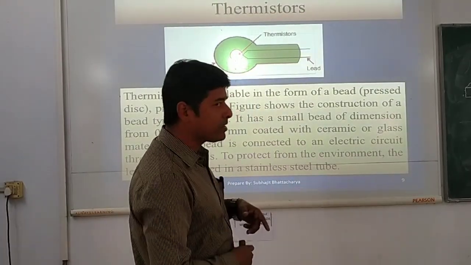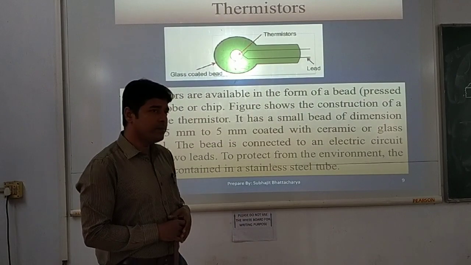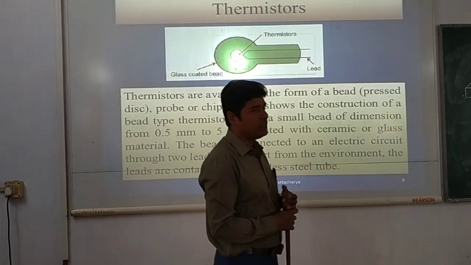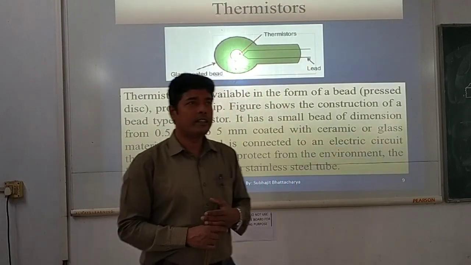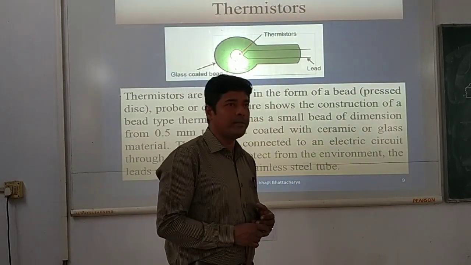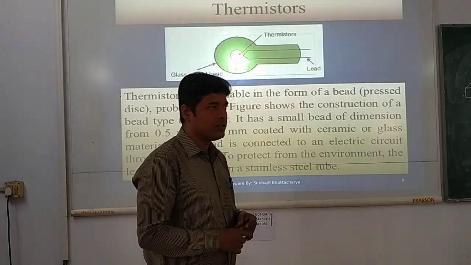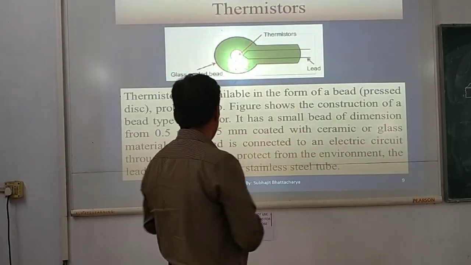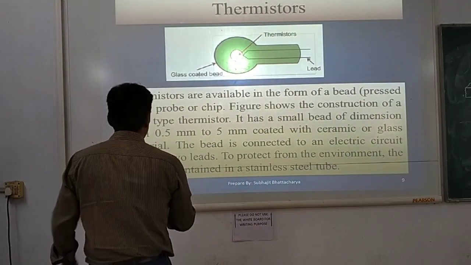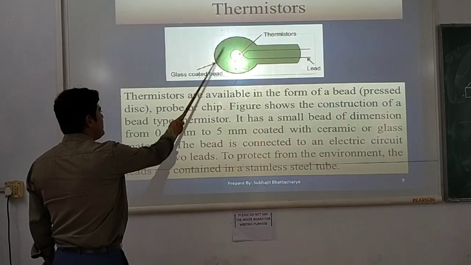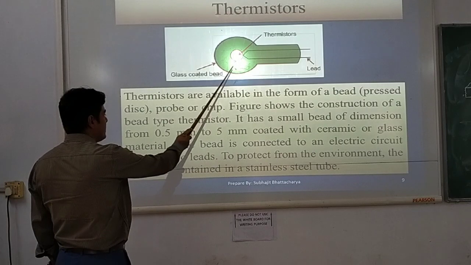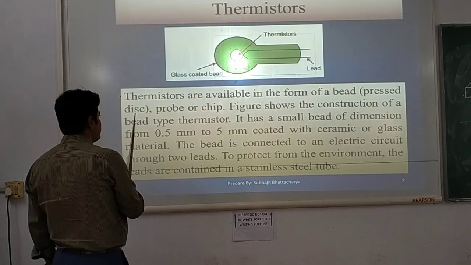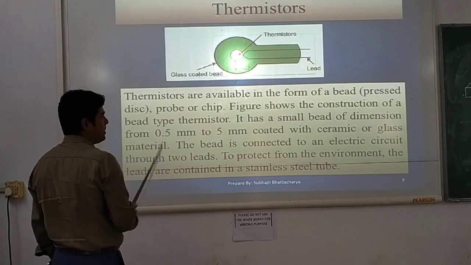However, thermocouples can also be used and have been used. If you go to the literature, the journal papers, you can see that these thermocouples are used to measure this temperature. There are other methods also, say infrared measurement, etc. Thermistors are available in the form of a bead, disc, probe or chip.